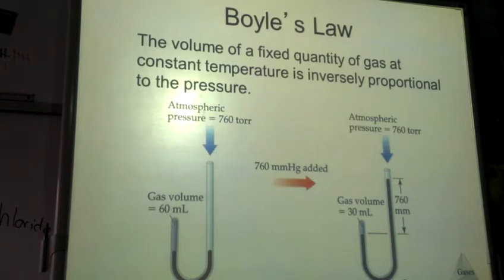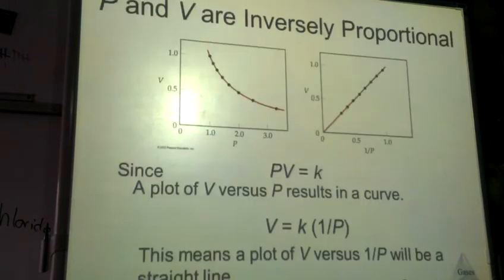So it says the volume of a fixed quantity of gas at a constant temperature is inversely proportional to its pressure. I can see that if we graph volume and pressure, it is not a linear relationship. But if I graph volume versus 1 over P, that is then going to be a linear relationship.